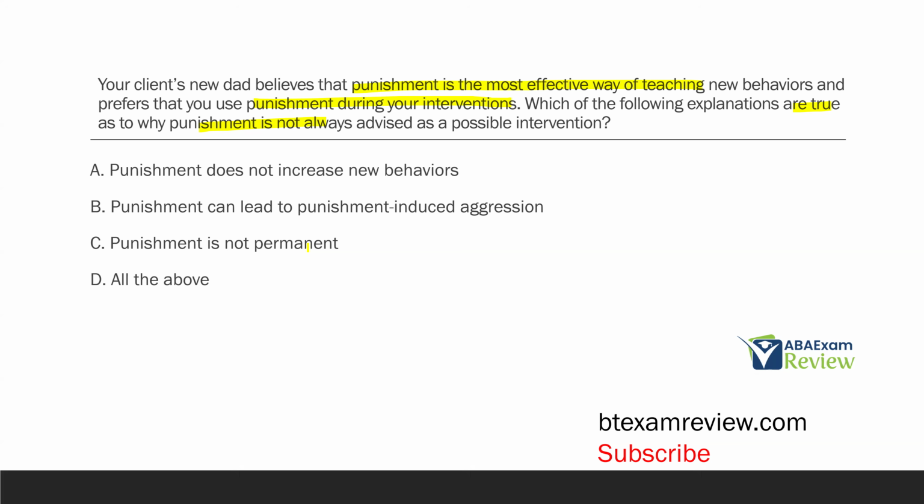And you can start to experience resistance to punishment, where the learner gets used to the punishment and it loses its effectiveness. We've got to be very careful with punishment. If we're going to use punishment, we need a replacement. Now, all of these things are explanations that are true as to why punishment is not always advised. A, punishment does not increase new behaviors. B, punishment can lead to punishment-induced aggression. And C, punishment is not permanent.